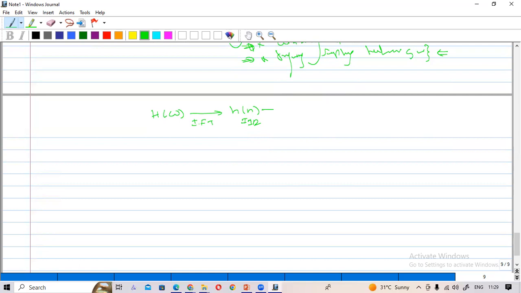So we are finding the finite impulse response. Normally we refer to it as the desired impulse response, okay? This d denotes the desired. So we are finding the desired impulse response using the window technique.